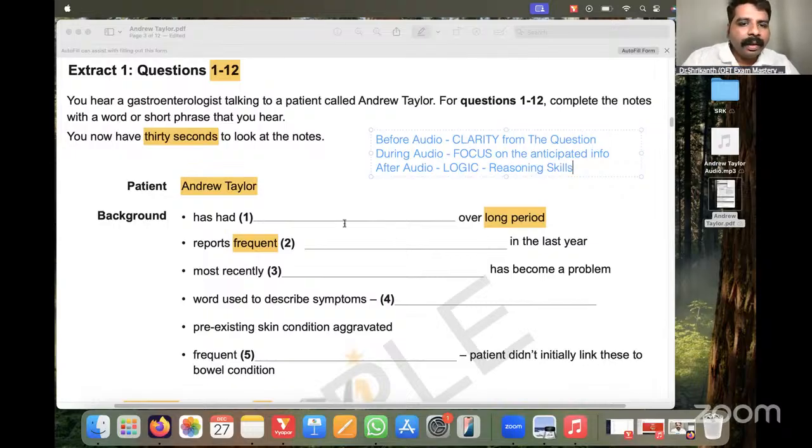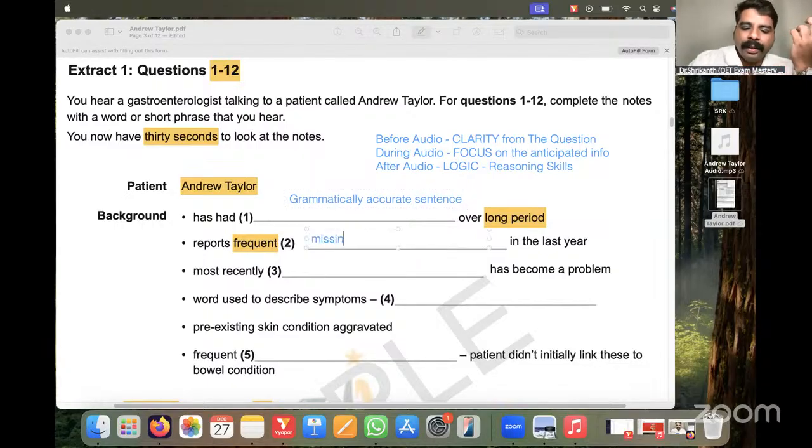Now, another very important thing I want to say is that you have to make sure that when you're writing down the information, it forms a grammatically accurate sentence, right? Some students write the missing information, but they add in some extra words or extra letters.